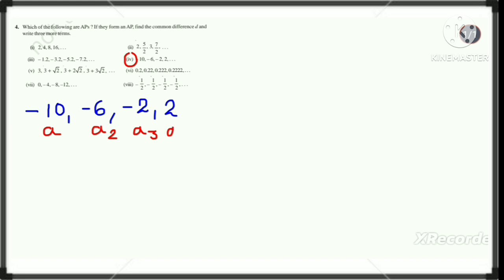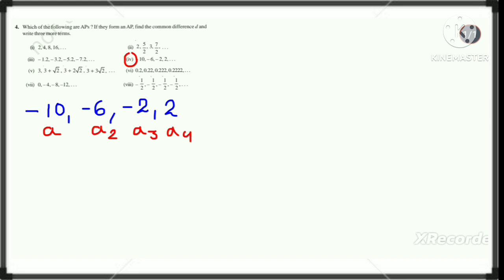Question number 4, and here the sequence of numbers is minus 10, minus 6, minus 2 and 2. And here this is A, this is A2, this is A3 and this is A4.